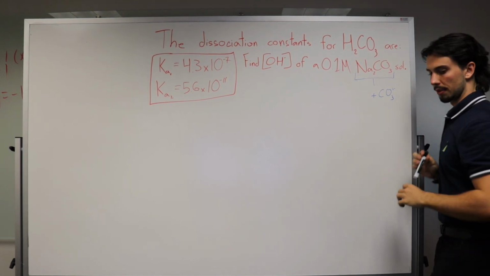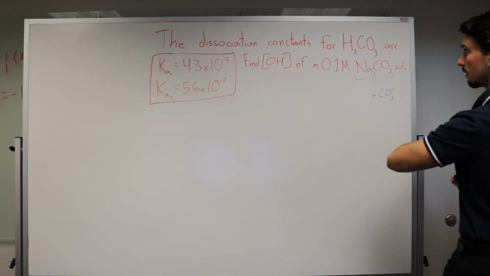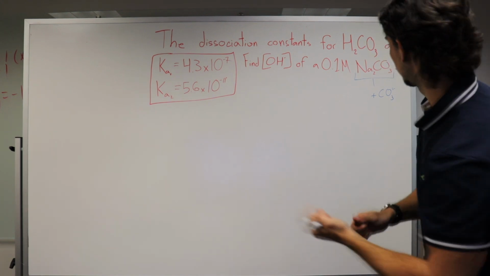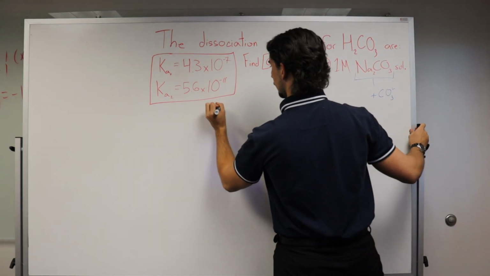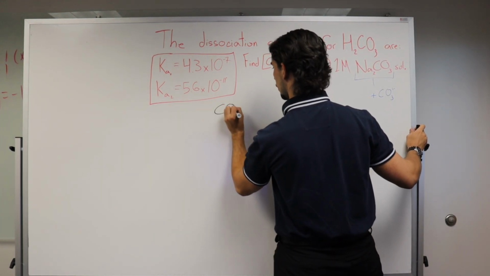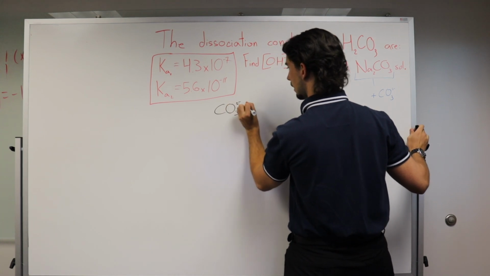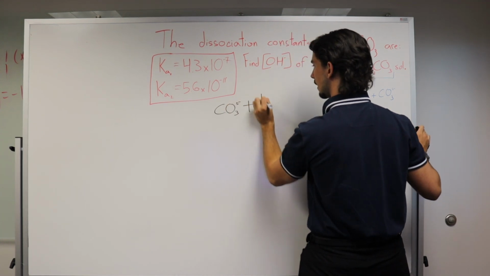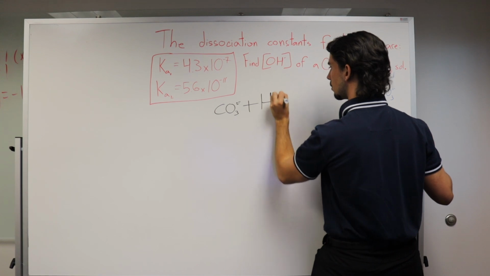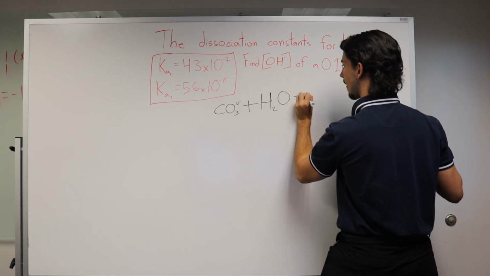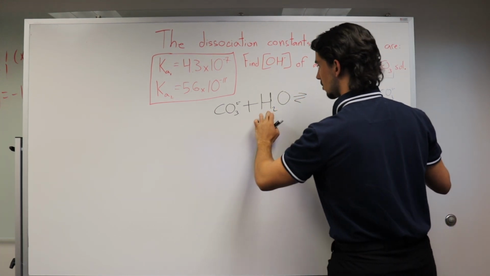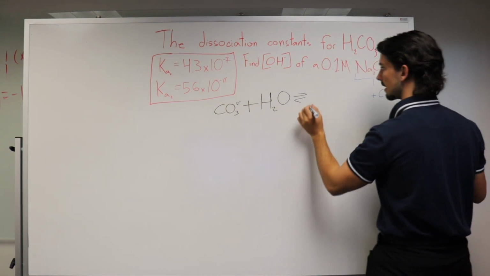So now we're going to write the equation for when we mix that carbonate into a solution with water. So we can write CO3 2 minus, plus H2O, and this carbonate's just going to steal 1 hydrogen. You can only steal 1 at a time.